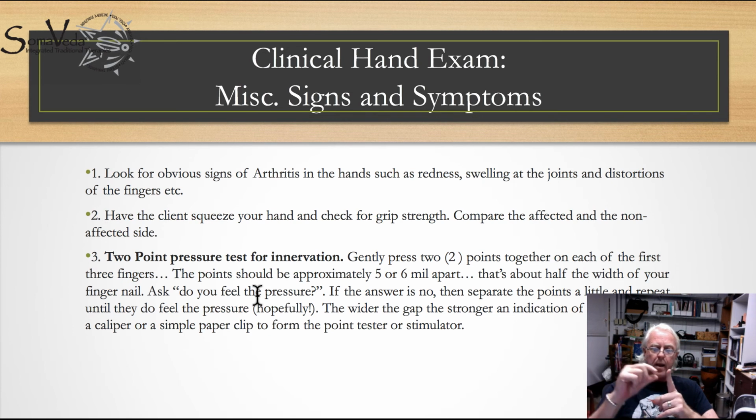Or you can take a paper clip and unwind it and distort it until you have 2 points that are approximately half the width of a fingernail apart. And you test, and if they do not feel pressure, then separate the points a little bit and repeat until they feel pressure, hopefully. The wider the gap, the stronger the indication that there's something wrong, that's a pathology.